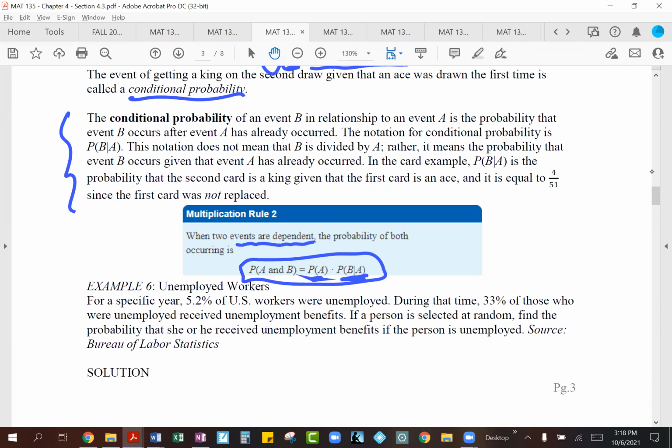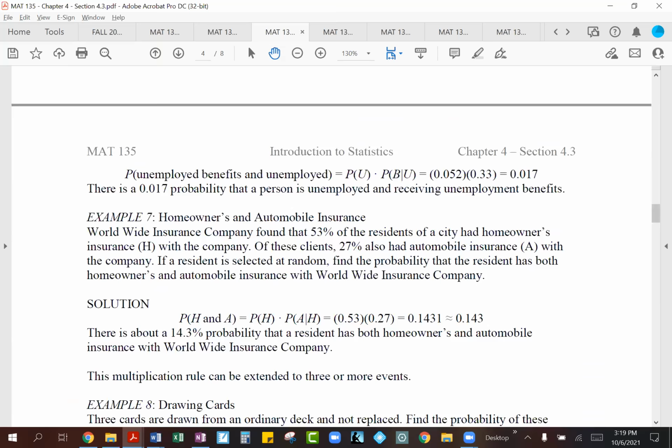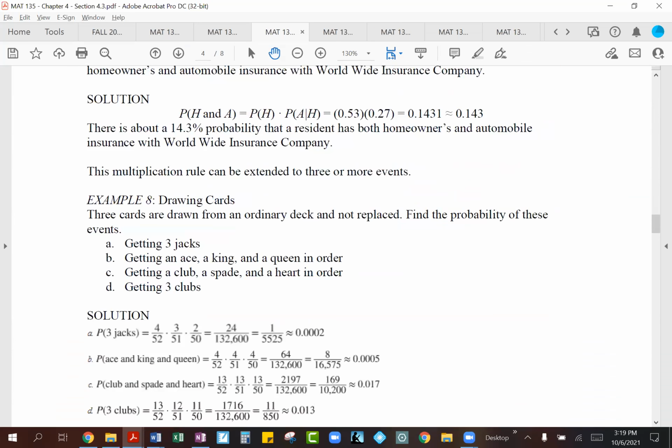So they're talking about the notation for conditional probability, which is this one here. It's definitely not division. You're not dividing anything here. It just means that event B occurs given that event A has already happened, or the event A has already occurred, which in this case, remember, for the kings, your probability changed because we did not put that first card back into our deck of cards. So that's what it means by conditional probability.